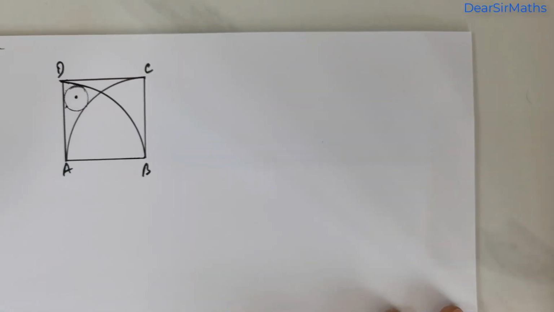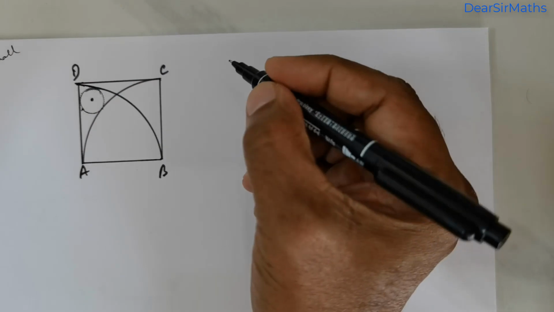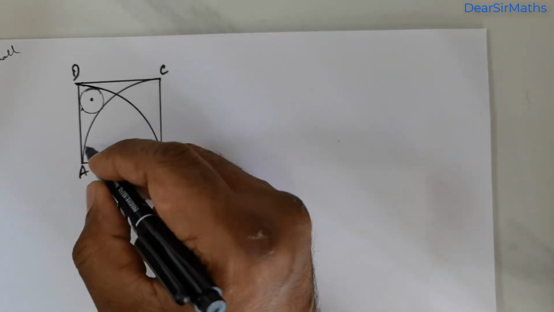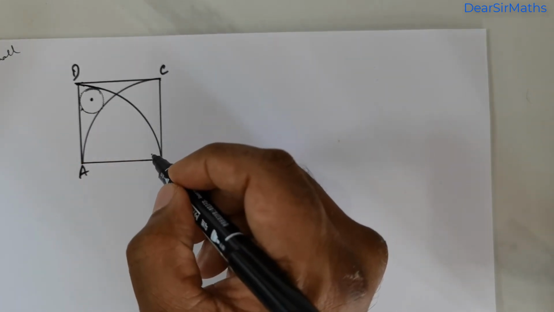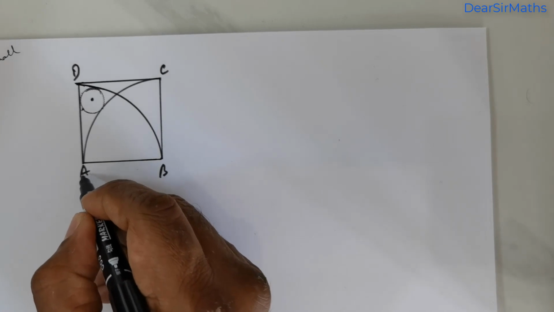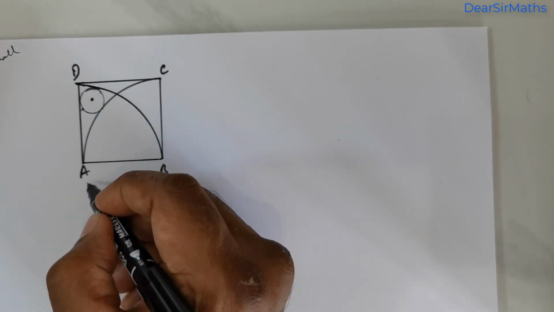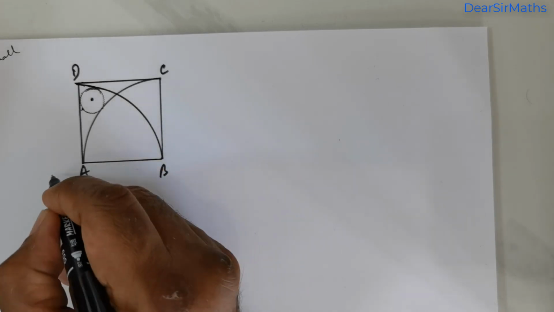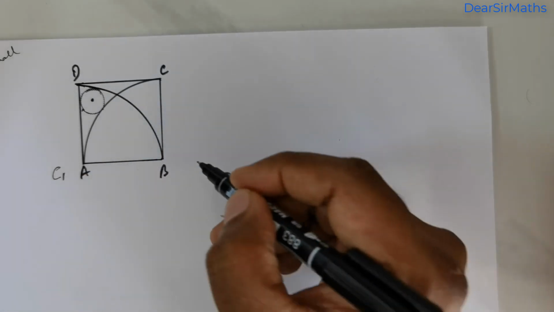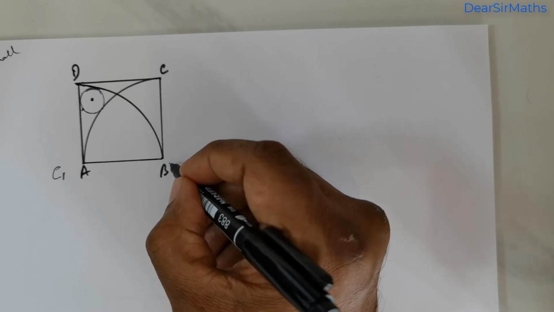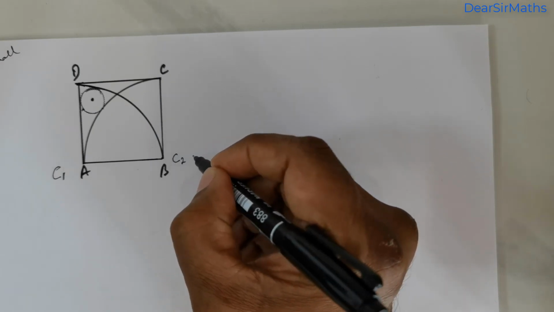The circle is making a point of contact with the other two quarter circles. I'm going to refer to this circle, which stems from A, as circle 1, and the circle which stems from B as circle 2.